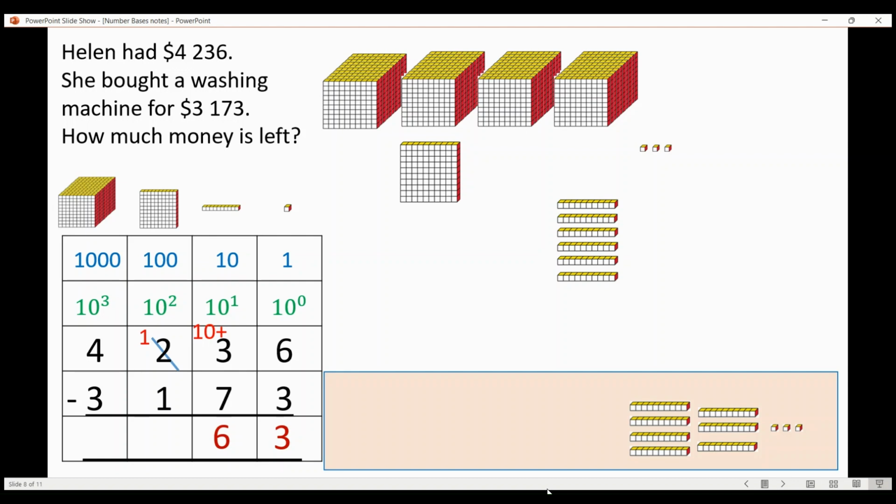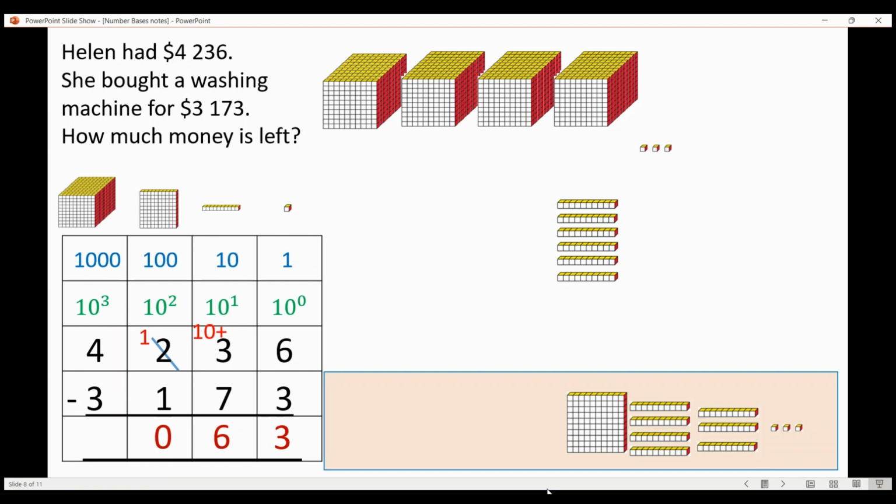And we have 1 square there, or 100. So if we remove that, 1 minus 1 will give us 0. So far, we considered the $236 that we had, and we removed 173. You can see it below: 100, 7 tens, and 3 ones, and we're left with $63.